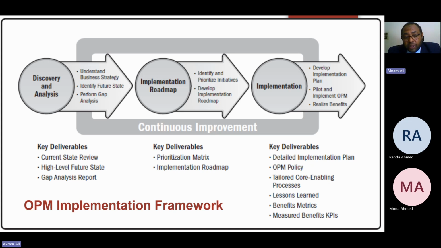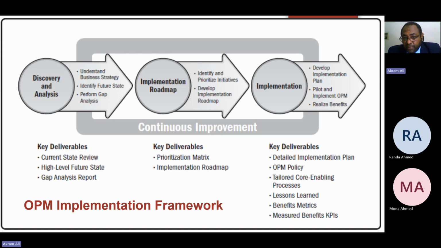As for the implementation roadmap phase, here is when we identify and prioritize initiatives and develop the implementation roadmap, and the key deliverables of this phase are prioritization matrix and implementation roadmap.